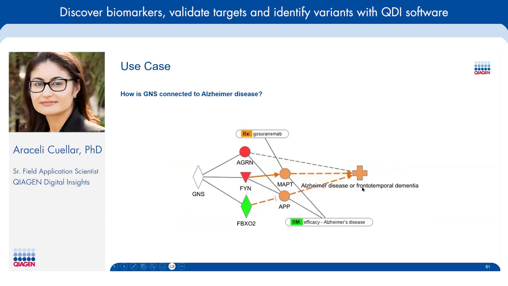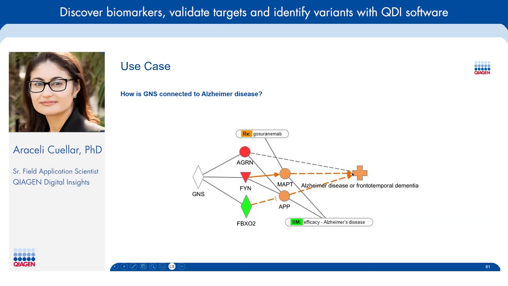So let's use GNS as our example. We know that it is associated with Alzheimer's disease. We also know that there are some variants that could be important in other conditions that have been linked to Alzheimer's disease. And so now you want to use IPA to learn how GNS and Alzheimer's are connected.